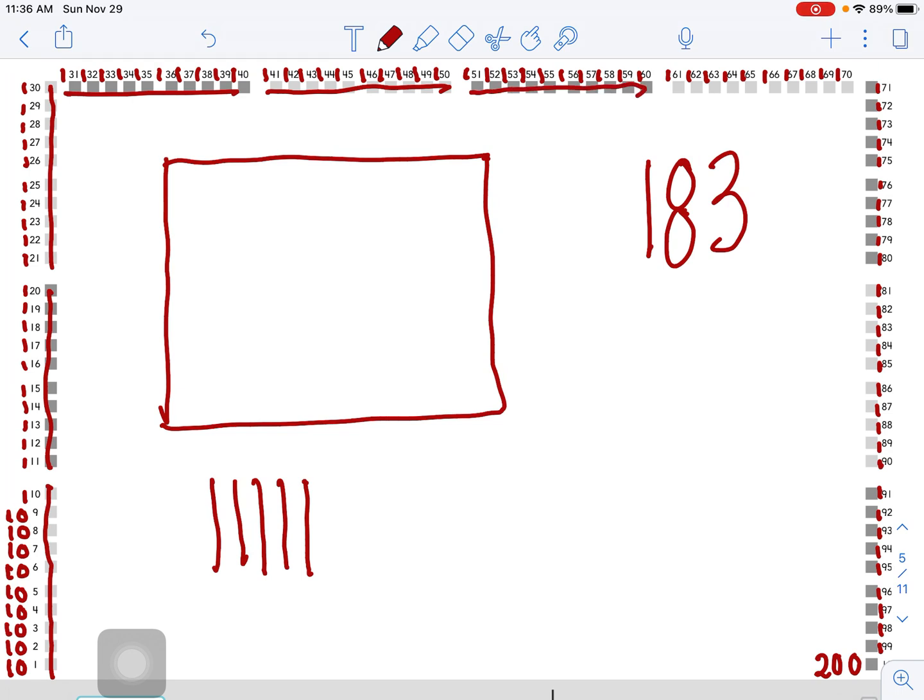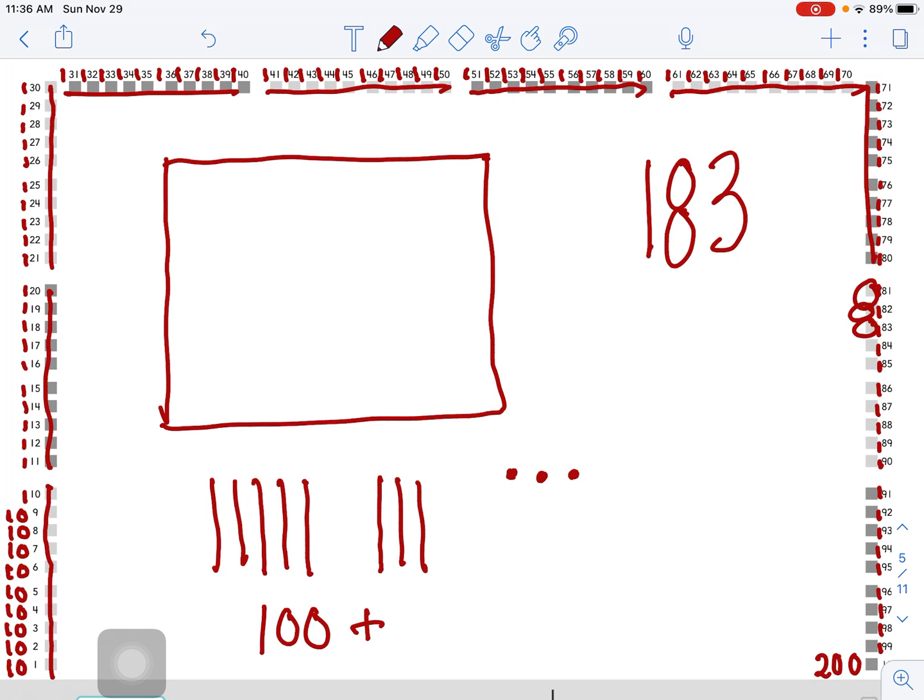Now we have 160, 170, 180, 181, 182, and 183. And now in our expanded form, we have 100 plus 8 tens, which is 80, plus 3 ones to equal 183. And we have now written it in numeric form.